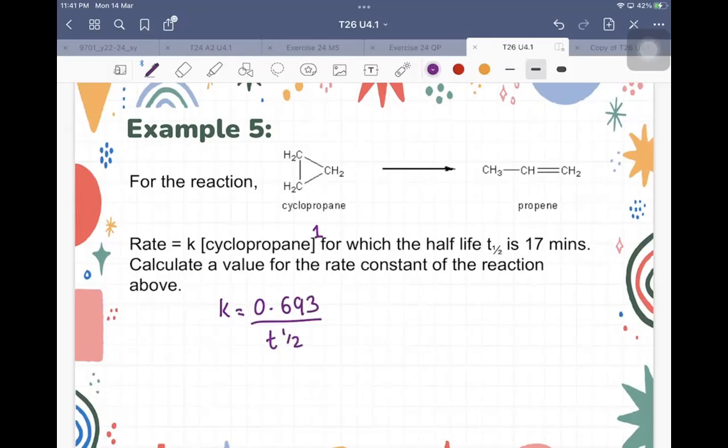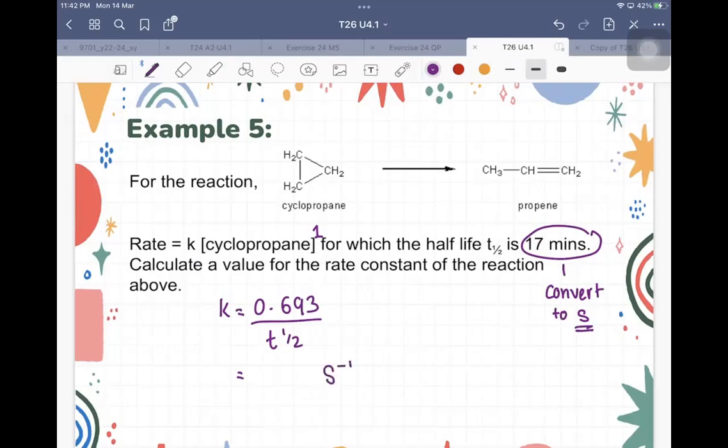Now the question doesn't say if they want the answer in seconds or in minutes, but to be safe, we convert our minutes to seconds, and that should give you the answer in s minus 1.